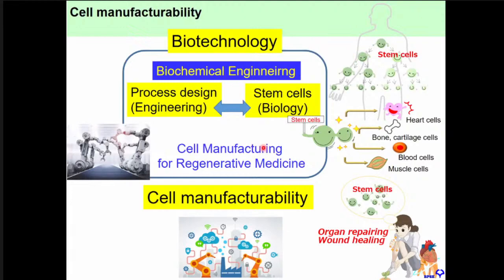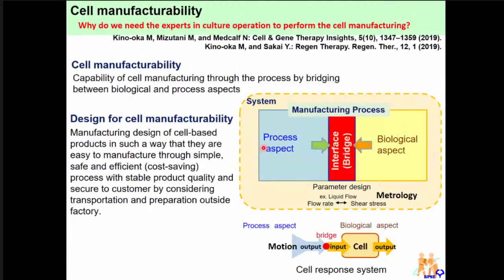So what is the definition of the cell manufacturability? I introduced this one. Maybe some of the students, I hope you know what is the definition of manufacturability. Manufacturability has a definition in the engineering field. So to save the cost, to make the robust process. It looks like this one.